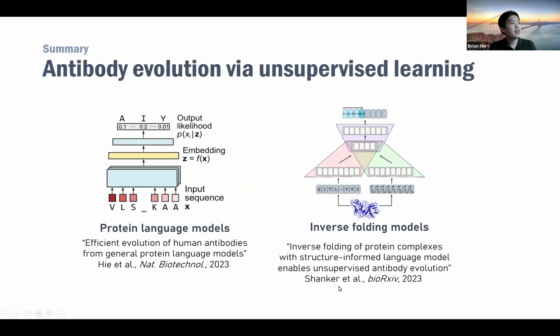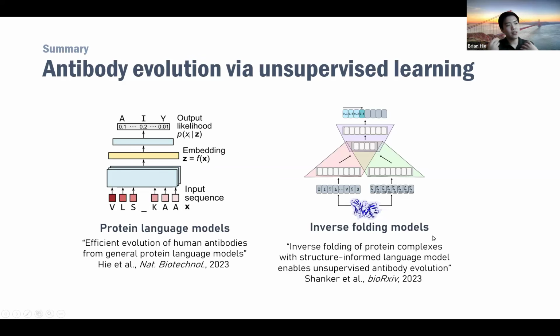Okay, so here, just for a brief summary, we discussed these language models of protein sequence that just learn the statistical rules of protein sequence variation alone over these big corpuses of protein sequence data. So these language models are just learning the distribution of a protein sequence.